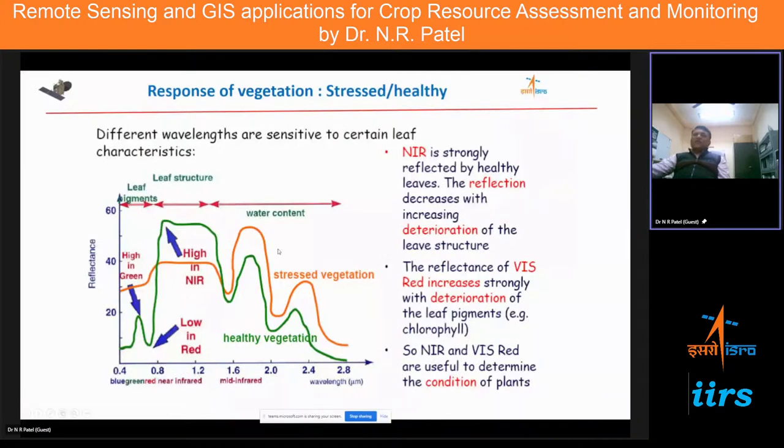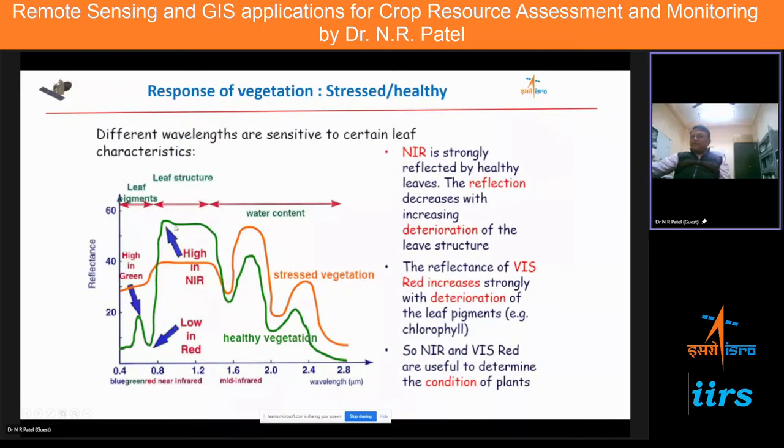So here you see how stressed vegetation appears in the electromagnetic spectrum, the spectral curve. If there is healthy vegetation, what will happen? Healthy vegetation means good photosynthesis and more chlorophyll concentration, so more absorption of visible wavelength. As a result, its reflectance is less.